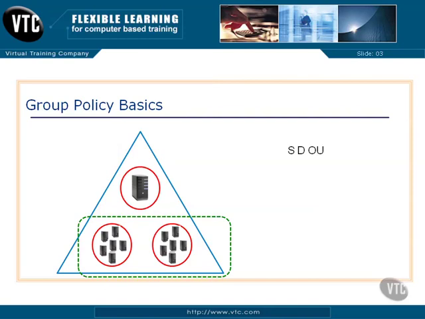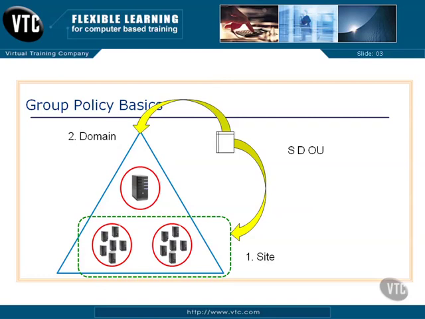Now, if we apply group policy to this domain, and this is just a generic idea here, group policy first gets applied at the site level. And then, once the site settings are made, then the domain settings are made. Then any group policies that apply to the organizational units get applied. And that is the way it goes, site, domain, OU.